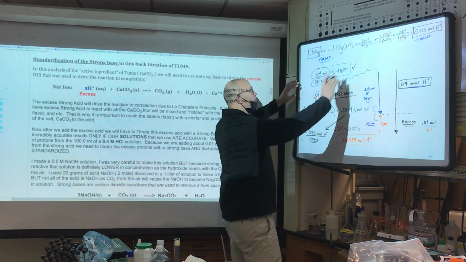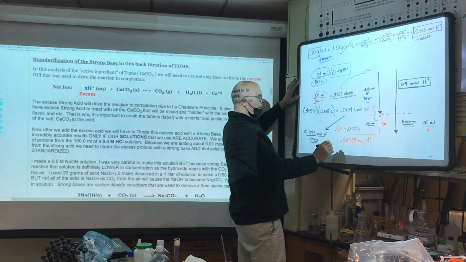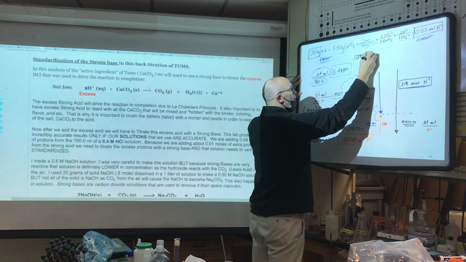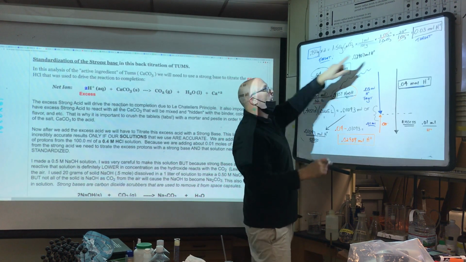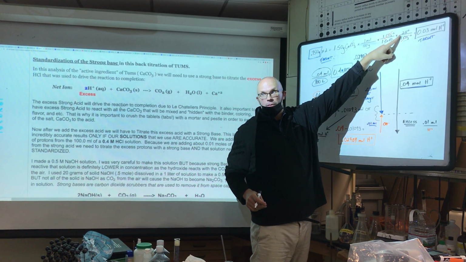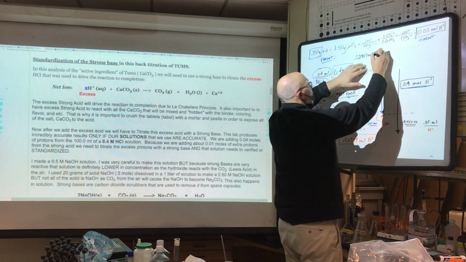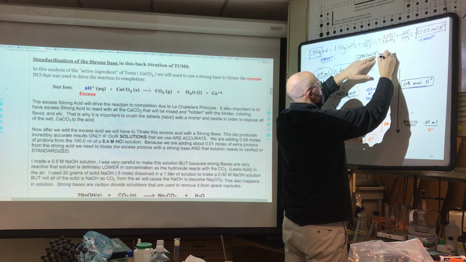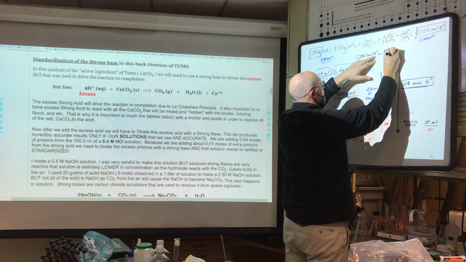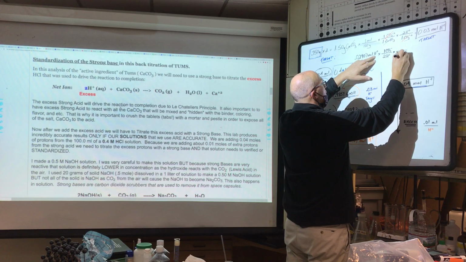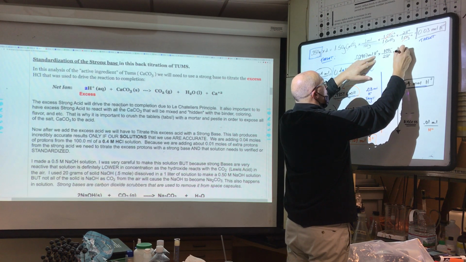Okay, so here we go. I'll pick my 0.02907. This is moles of what? H plus. What do I know? 2 H pluses make 1 carbonate. I got to get rid of my H pluses, so the 2 H pluses go on the bottom, 1 carbonate. What else do I know? For every 1 carbonate, there's 1 calcium carbonate.